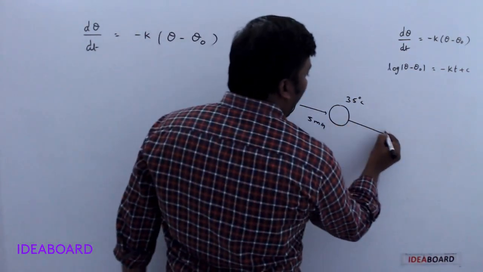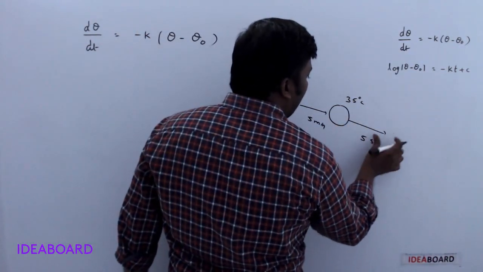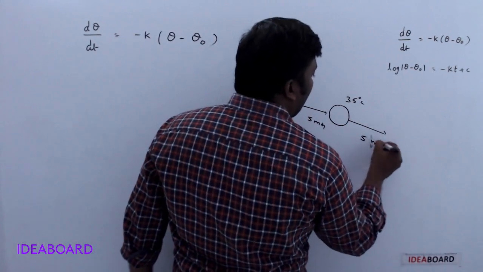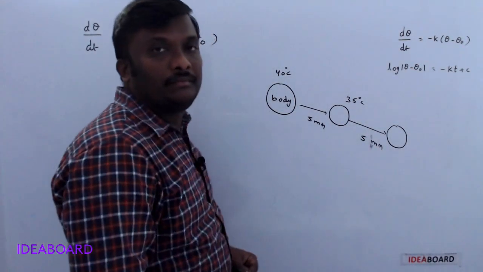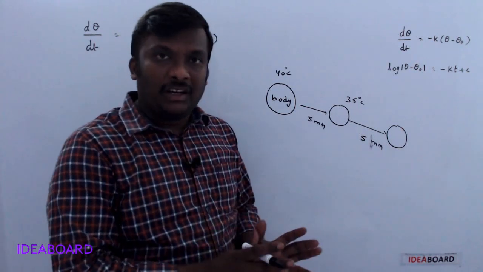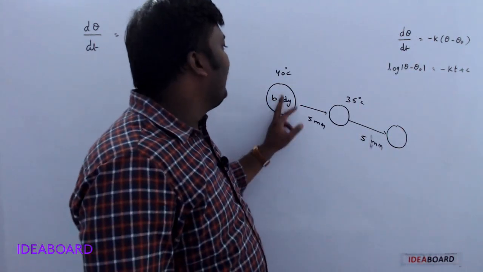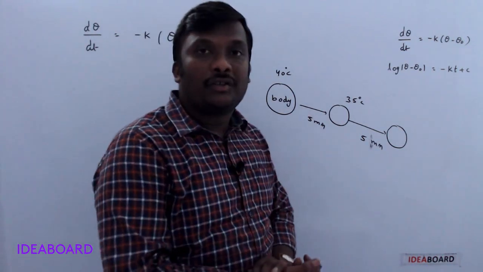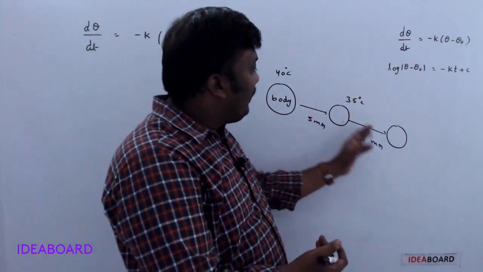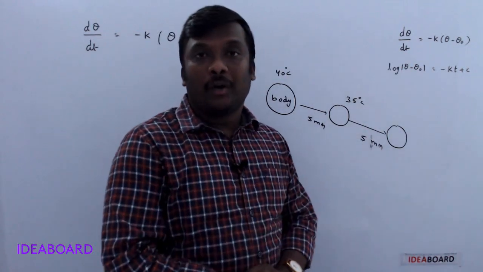After another 5 minutes, they are asking what is the temperature of the body. Question understood? The temperature of the body is initially 40 degrees Celsius. After 5 minutes, it reduces to 35 degrees Celsius. After 5 more minutes, what is the temperature of that body?